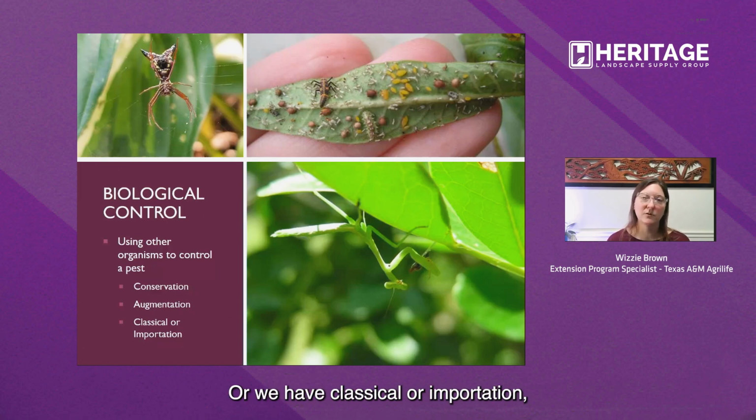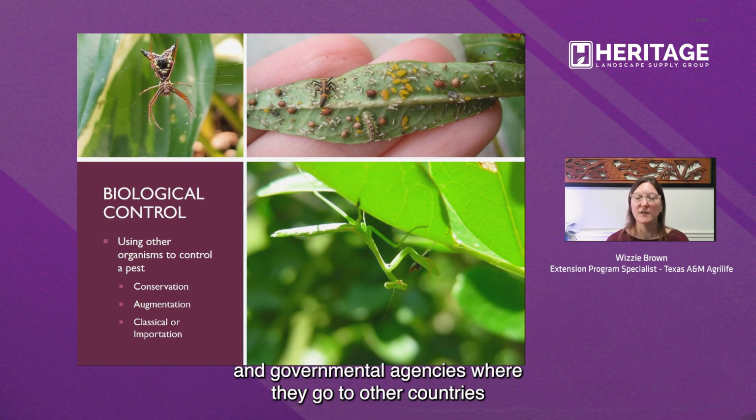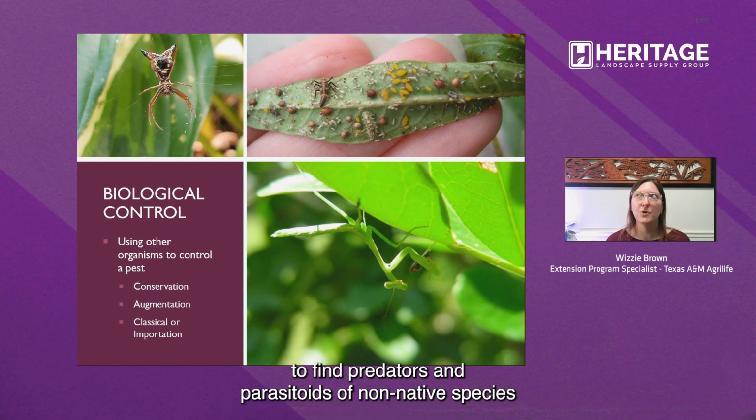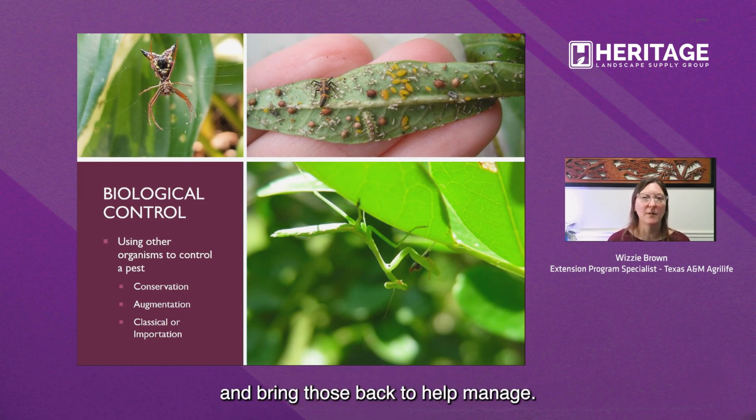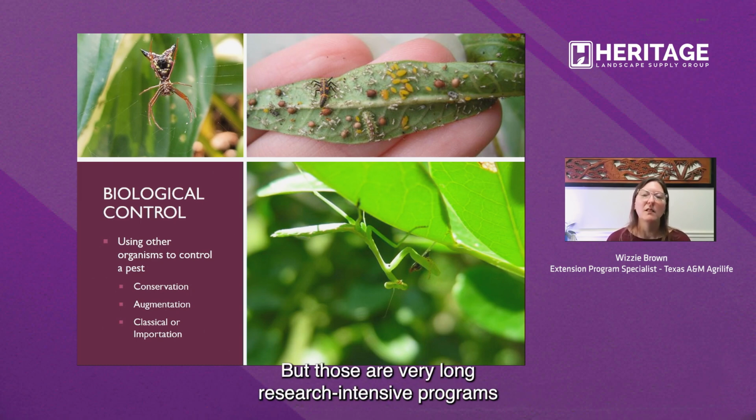Or we have classical or importation, and that's usually universities and governmental agencies where they go to other countries to find predators and parasitoids of non-native species and bring those back to help manage. But those are very long, research intensive programs before they release those into the environment.